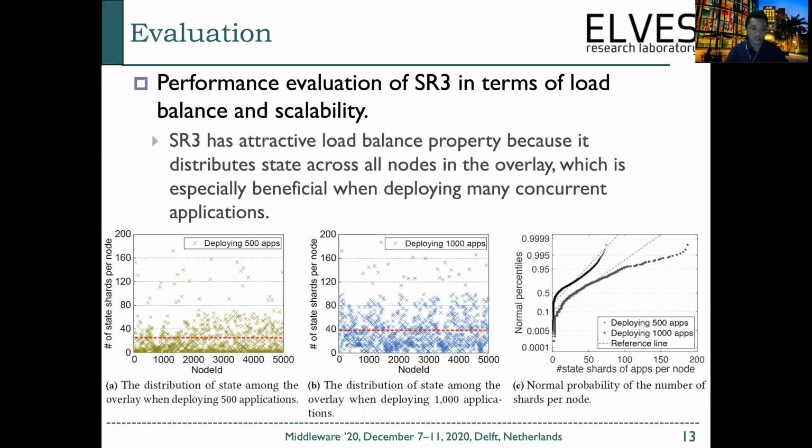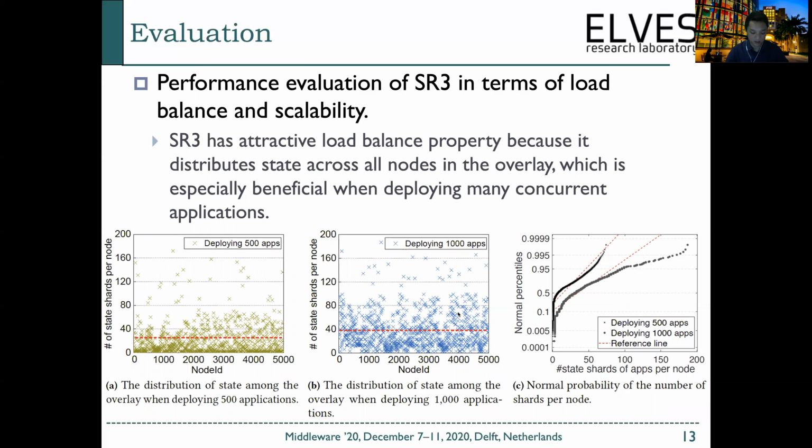Then we consider the evaluation regarding load balance and scalability. SR3 has the load balance property because it distributes states across all the nodes in the overlay network. From these three figures, we can see that the first two are related to the node distribution.